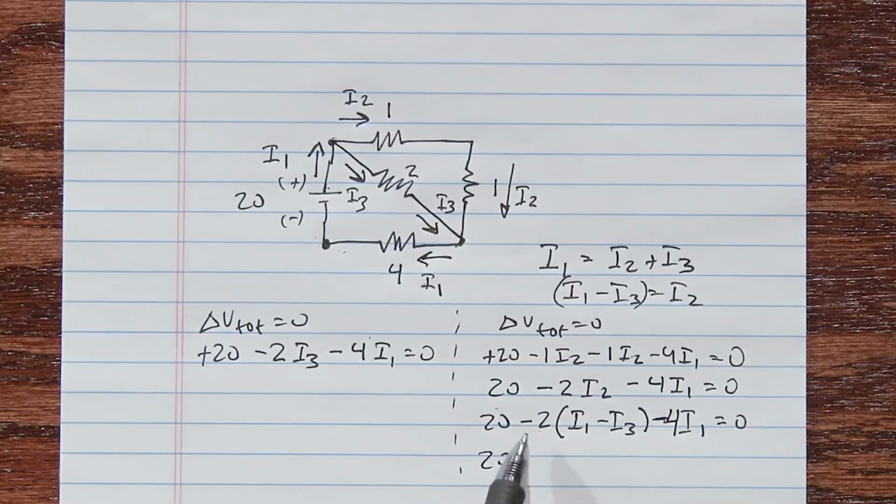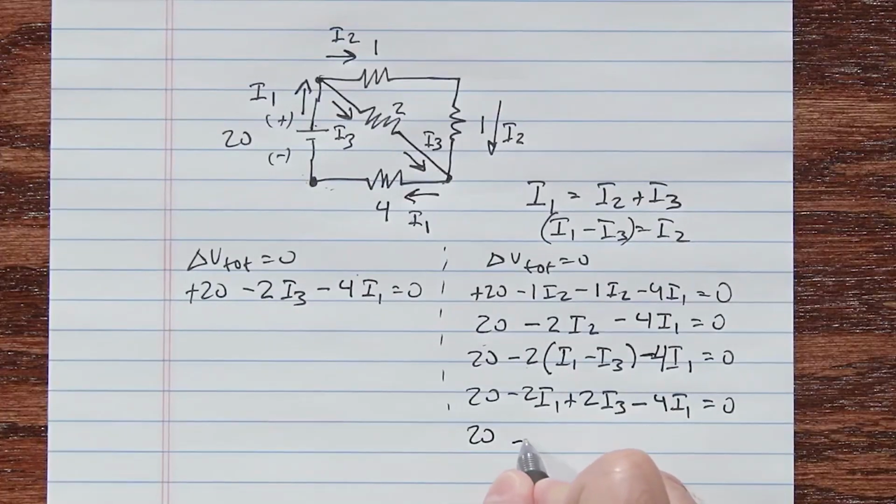Okay, 20 minus 2I1. And then I have minus 2 times minus I3. My two minus signs cancel out, so I have plus 2I3 minus 4I1 equals 0.